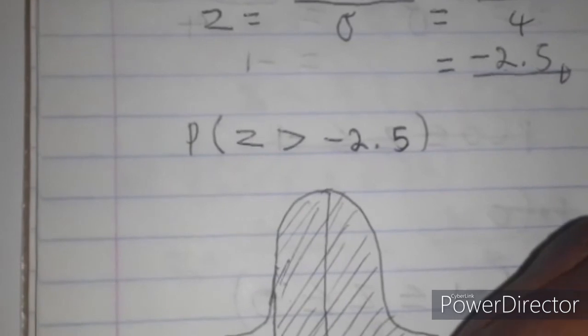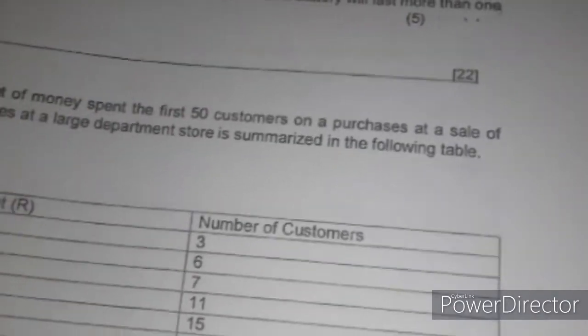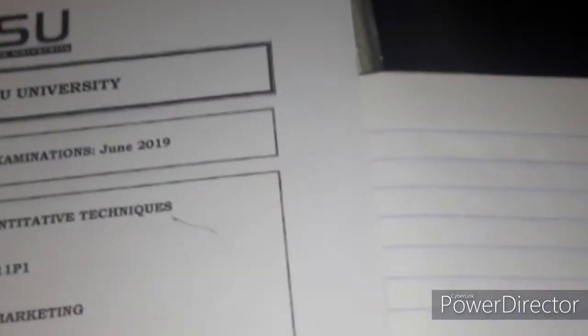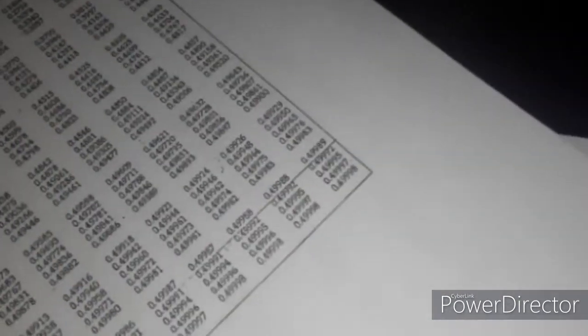So we are going to check this part, the 18 part, from the normal distribution table, which is the Z table. What is the probability of that area?